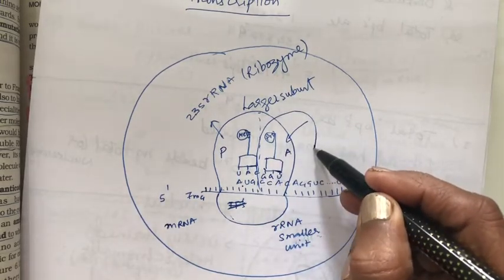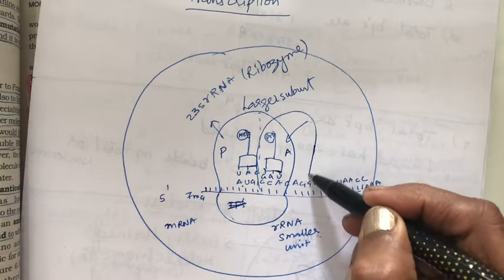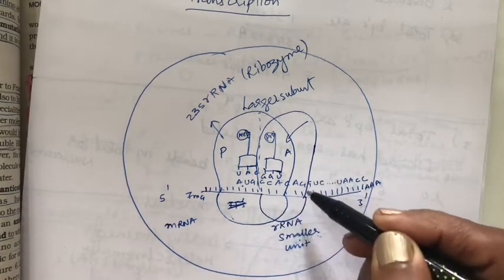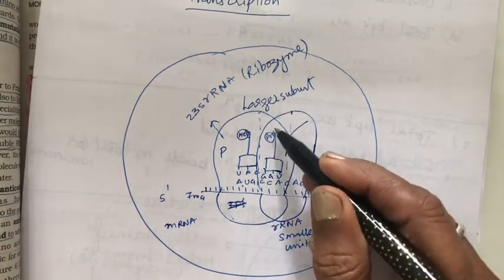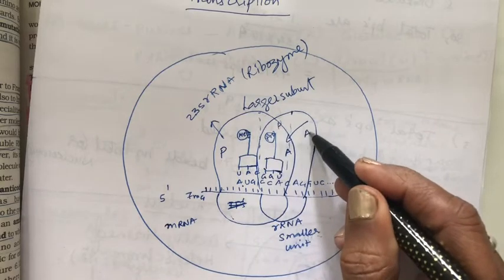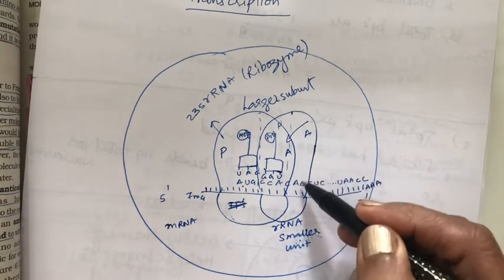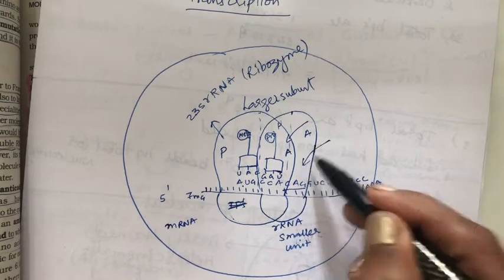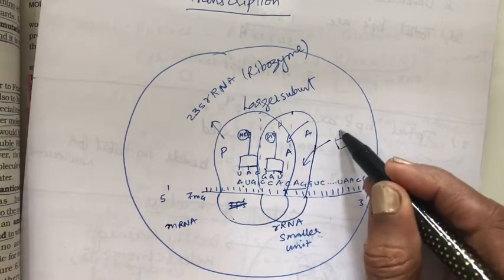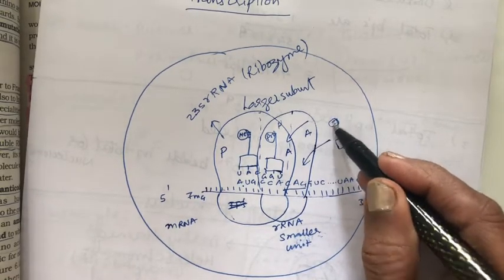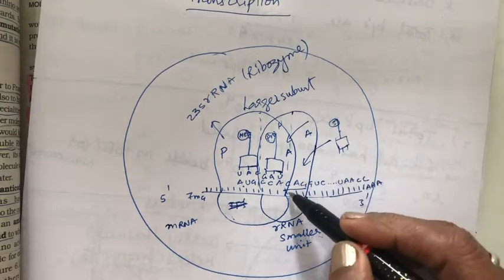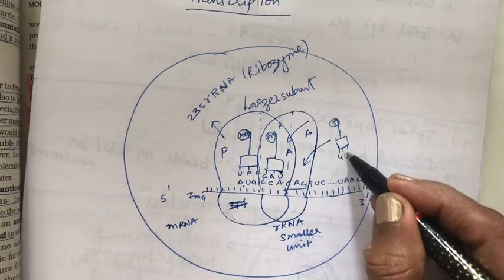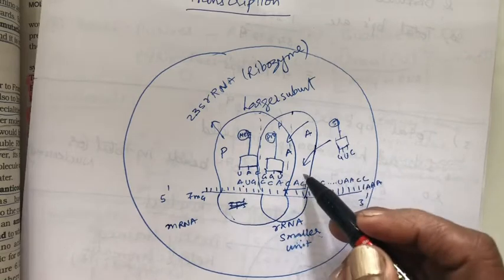So the next will be CAG, like this. Now this will become the P site and the next, empty one will be the A site. As soon as this gets empty, another charged tRNA carrying the third amino acid, with the anticodon GUC, will be brought here.